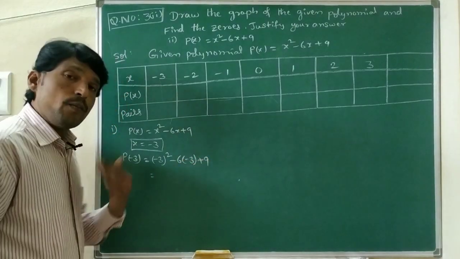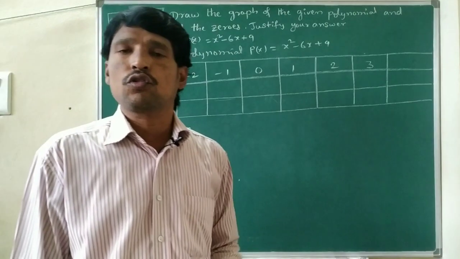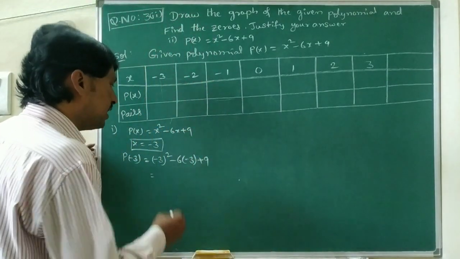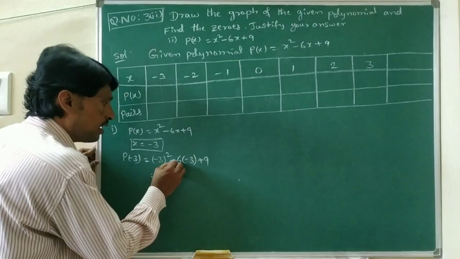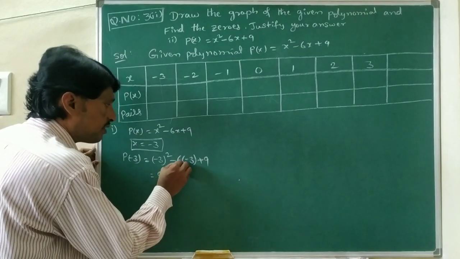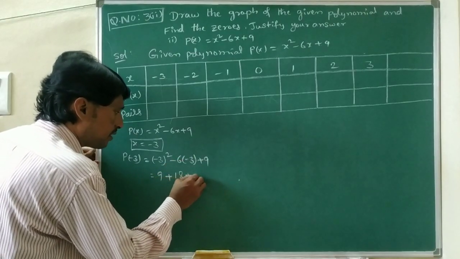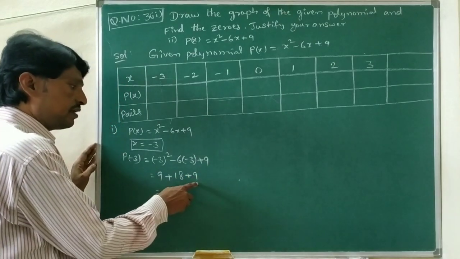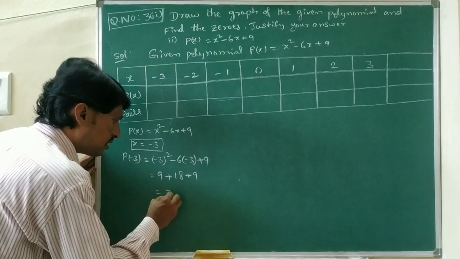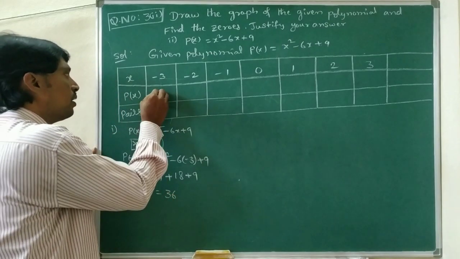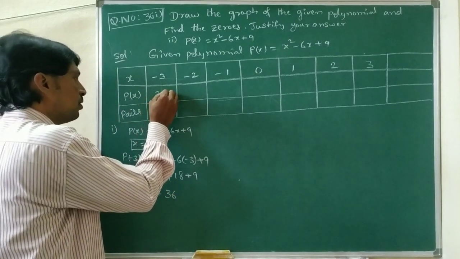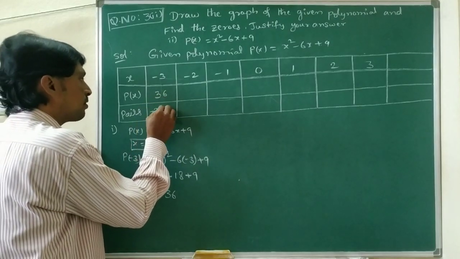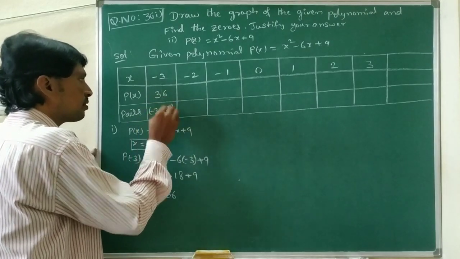Minus 3 whole square means minus 3 into minus 3, minus into minus plus, 3 into 3 is 9. Here minus into minus plus, 6 3s are 18, plus 9. Now all are plus, we can add it. 9 plus 9 is 18, 18 plus 18 is 36. So here p of minus 3 we got 36. The pair is minus 3 comma 36.